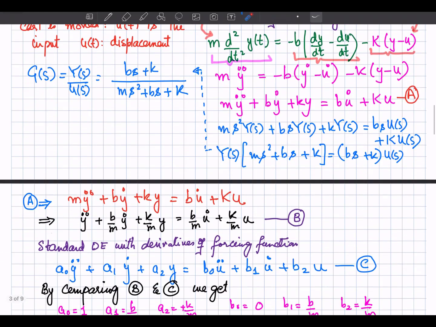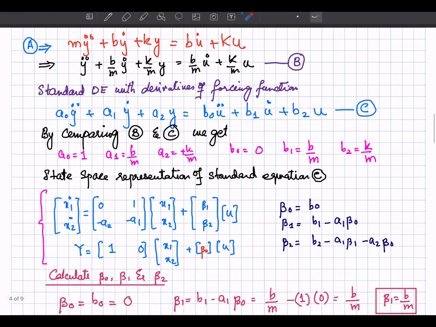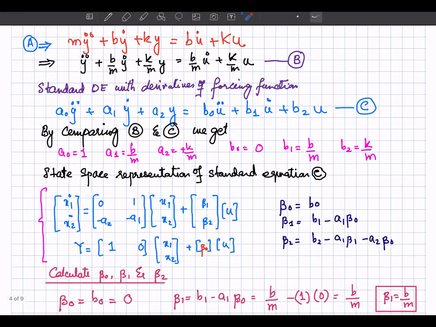Now let's see how we can develop the state space representation for this system. So this is the differential equation that we have defined above. I can write this differential equation like this by dividing the whole equation by m.